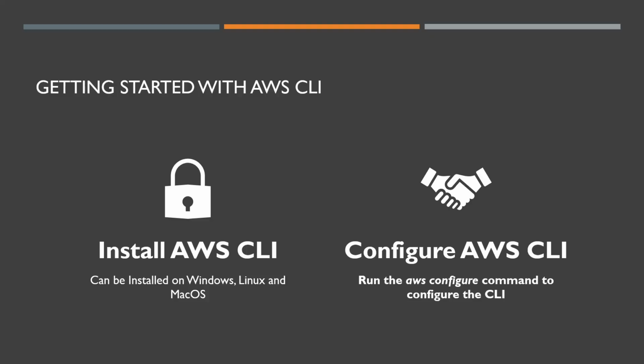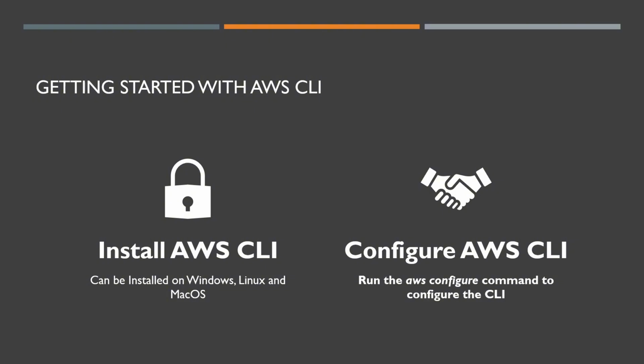And to get started with the CLI, you've got to install it depending on the environment that you want to use. You can install it on Windows. We are going to be demonstrating that in this video. You could also install it for Linux and for Mac OS. So to do that, you've got to download it, of course, from the appropriate page, which I'm going to be sharing with you in a minute.